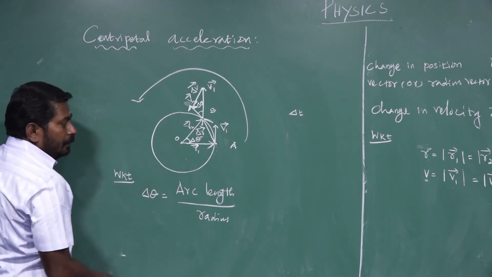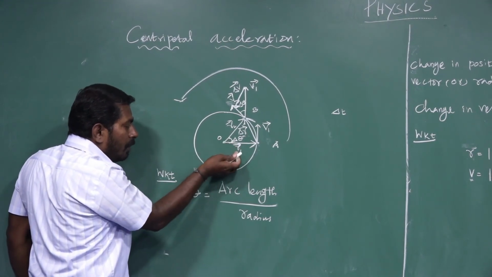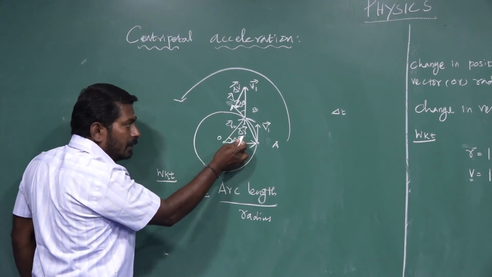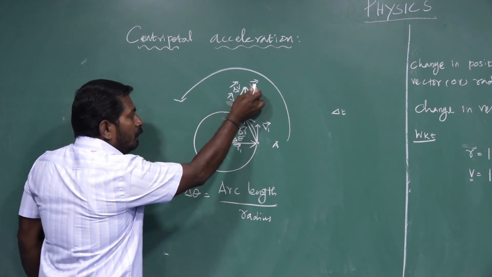See in this diagram, the shift produced by the position vector from r1 to r2 is delta theta. The same shift delta theta is produced by the velocity vector from v1 to v2.